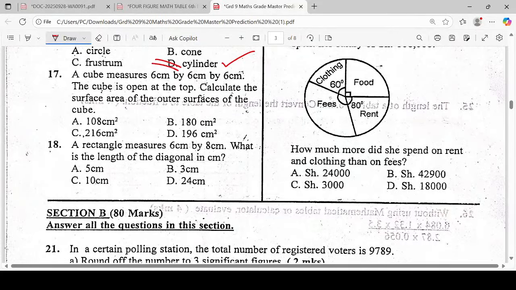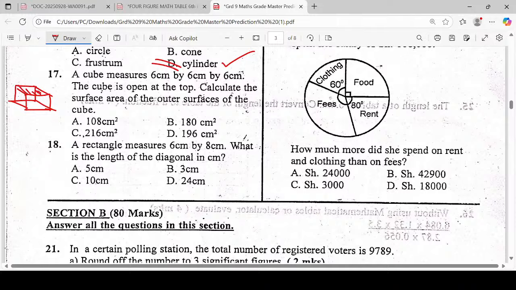17. A cube measures 6 by 6 by 6 centimeters. The cube is open at the top. Calculate the surface area of the outer surfaces of the cube. Remember, learners, a cube has all sides equal. But now it's open at the top, meaning it has how many faces?